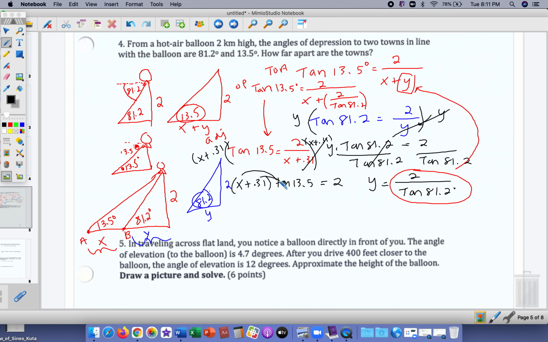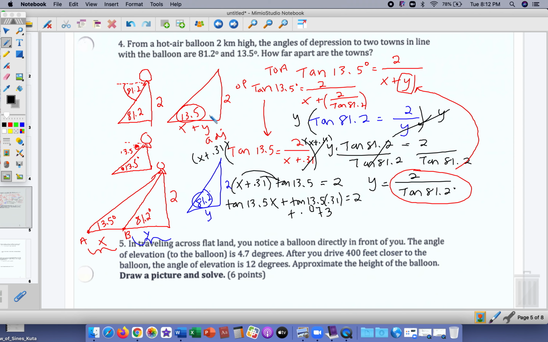You can distribute. So we have tan of 13.5, that's some number itself if we plug it in our calculator. That number times x plus tan of 13.5 times 0.31 is equal to 2. Then, if we put this in our calculator, tan of 13.5 times 0.31 is about 0.073.